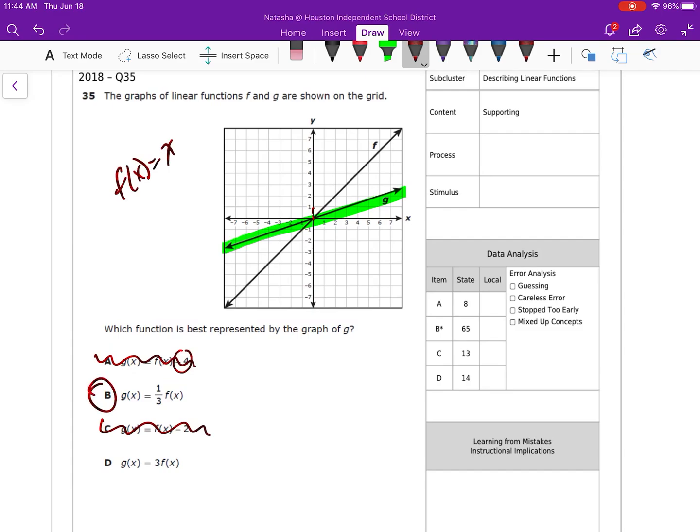So that's going to give me my answer choice B. Now, if it was more steep, so let's say our graph looked something like this, and this was g, then our answer choice would be D. Okay, so whenever that value, like here, 1/3 or 3, this is going to be less steep, and this is going to be more steep. Okay?